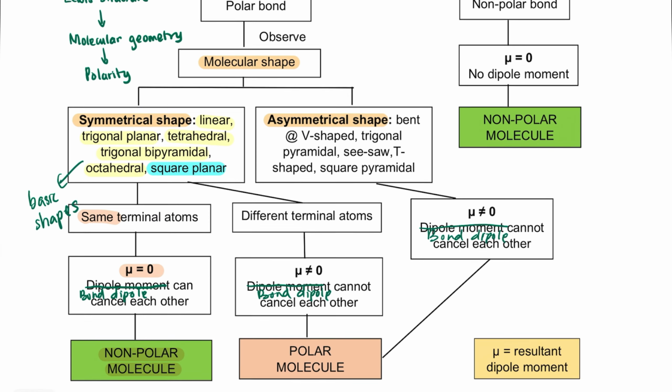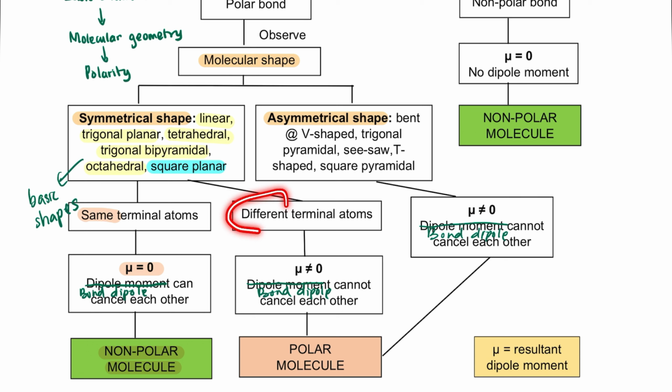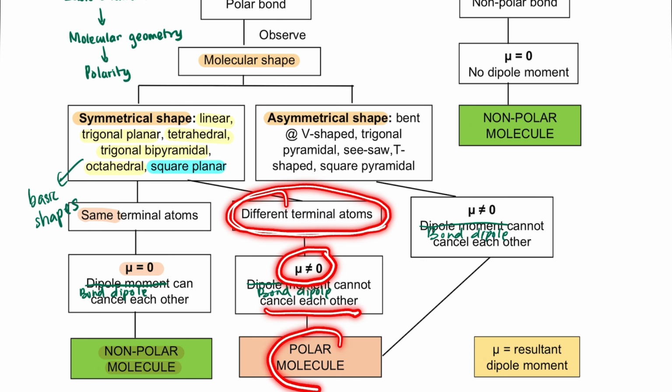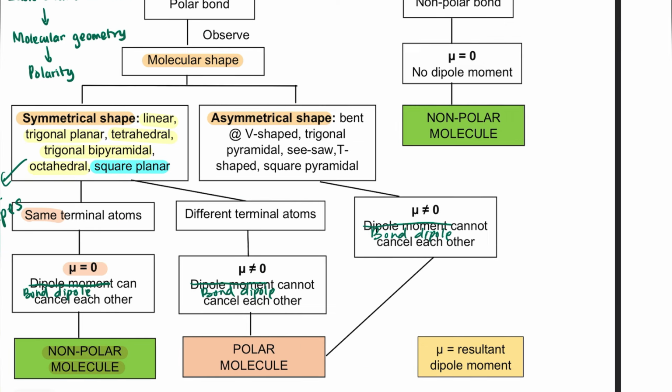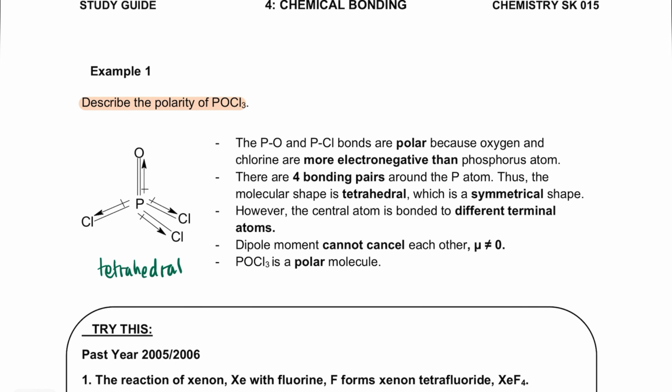Okay, so bila not the same, so we can say the terminal atom is different. Then mu not equal to 0. Bond dipole cannot cancel each other. So that's mean POCl3 tadi adalah polar molecule. Okay, so dia jadi mu not equal to 0. So polar molecule. Okay, tapi kita nak kena explain, so kita kena buat ayat yang macam tadi juga.